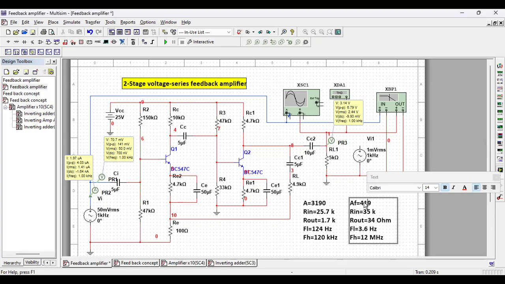So this gain of feedback amplifier is 41.